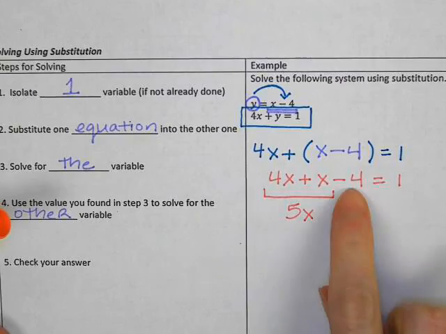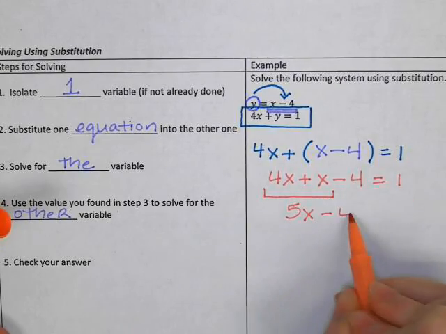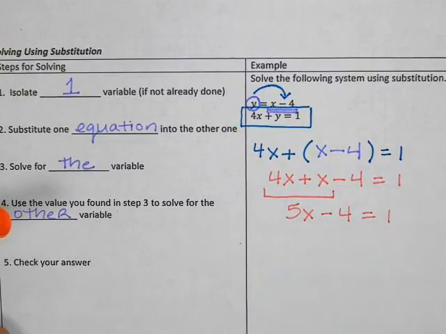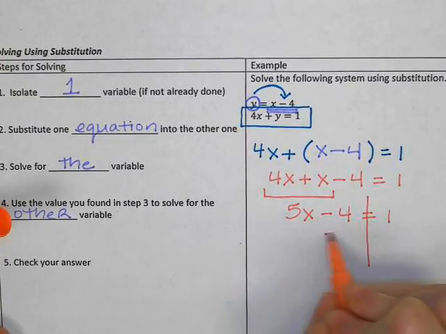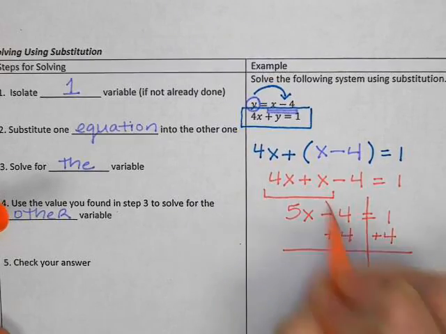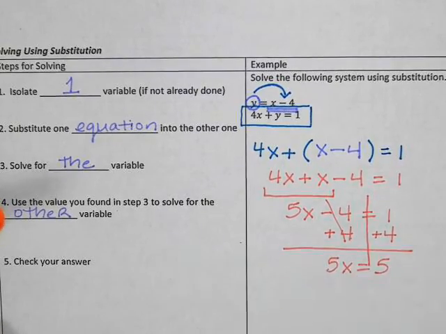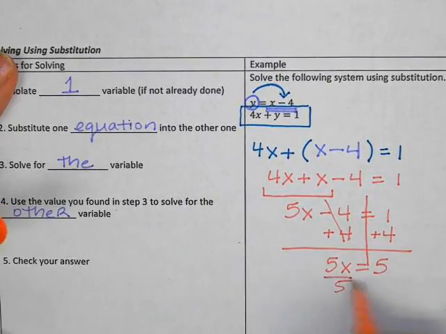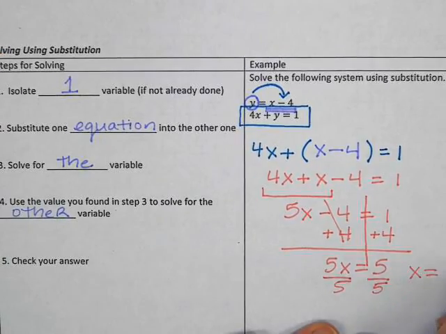And then we're going to add the 4 over. Well, here, let me rewrite it. Okay, so I'm just going to rewrite it. And then draw the wall. And if you want to find x, you're going to add 4, and we get 5x equals 5. And then we're going to divide by 5, and that's easy, x equals 1.